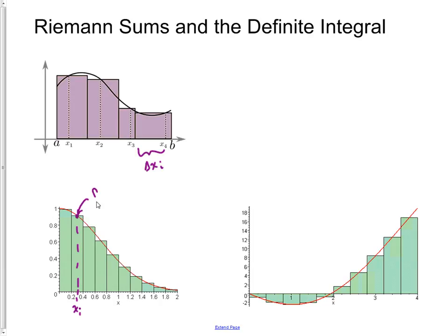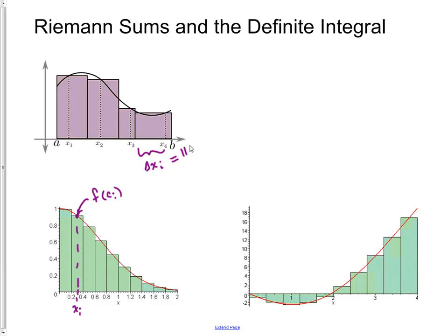So we're not going to be very specific. We're going to say f of c of i represents the height of each of these rectangles at some point within each subinterval. Now, again, we might want to define something: if we have rectangles that are all different widths, the largest width is called the norm of delta, and we write it this way.